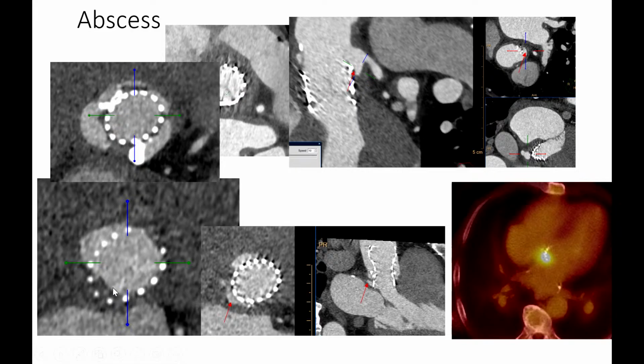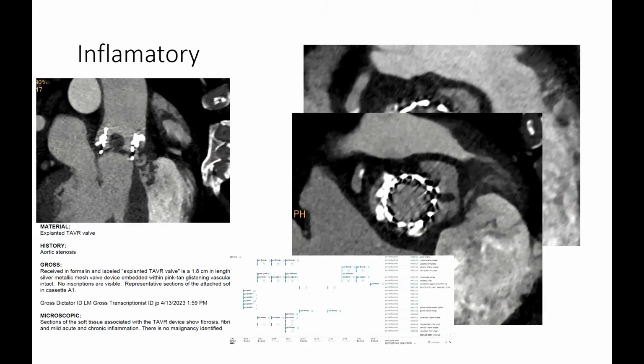Again, this is not normal to have tissue inside the valve. So this probably was phlegmon or whatever, and one month later, the patient developed a pseudoaneurysm, and the PET obviously localized exactly where we saw the pseudoaneurysm.